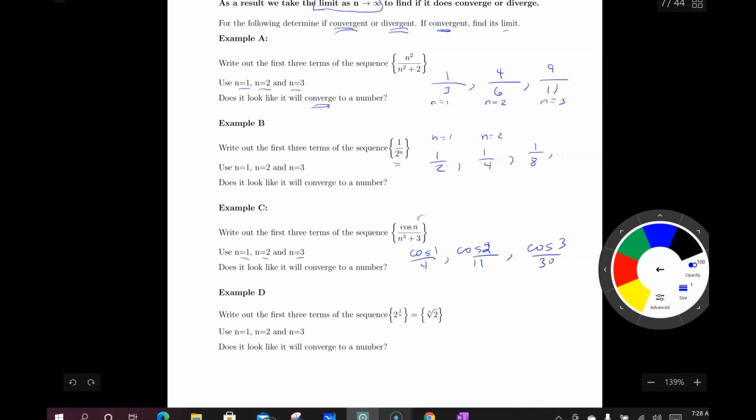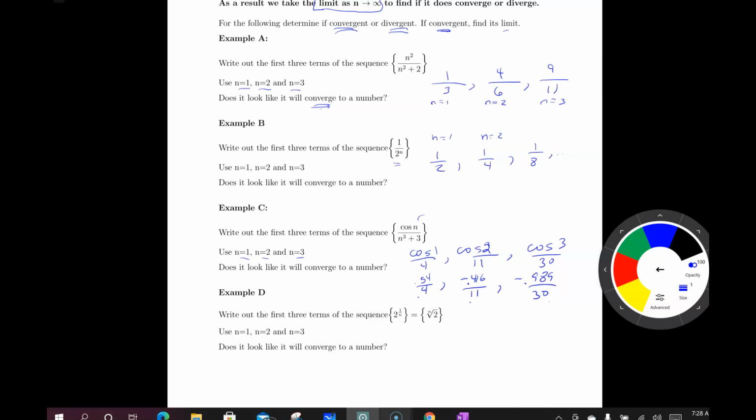If I use my calculator in radian mode, I'd get 0.54 for cosine of 1. Cosine of 2 gives me negative 0.416 over 11, and cosine of 3 is negative 0.989 over 30. Oh my goodness, look at these numbers. They're going all over the place. I'm not sure if these are going anywhere.